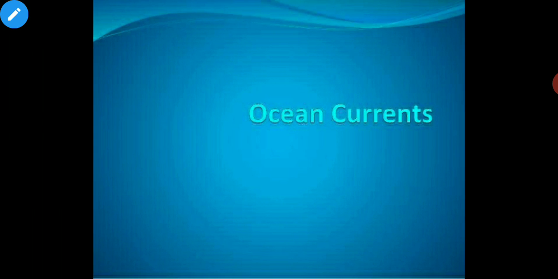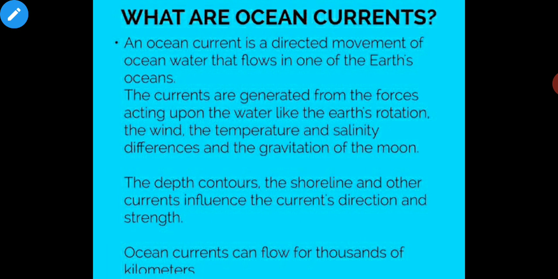Ocean currents. What are ocean currents? An ocean current is a directed movement of ocean water that flows in one of the Earth's oceans. These currents are generated from the forces acting upon the water like the Earth's rotation, the wind, the temperature and salinity differences, and the gravitation of the moon.